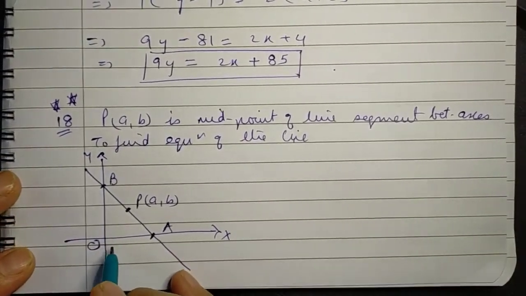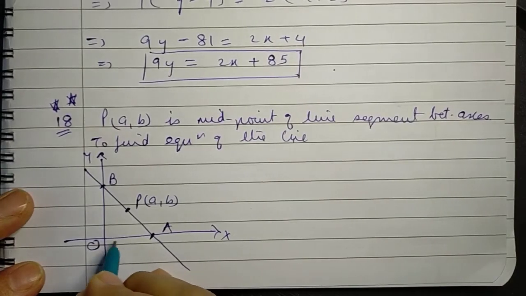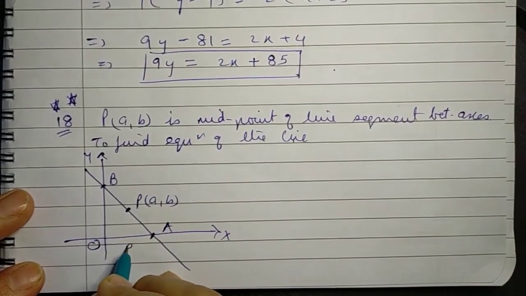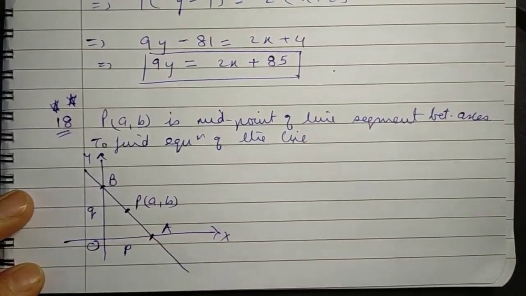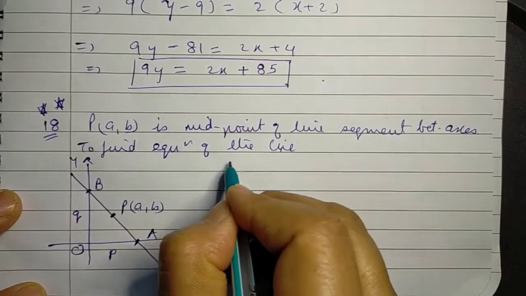Now what do we have? Let this be small p, and let this be small q. Let these be the two intercepts. So what do we have?